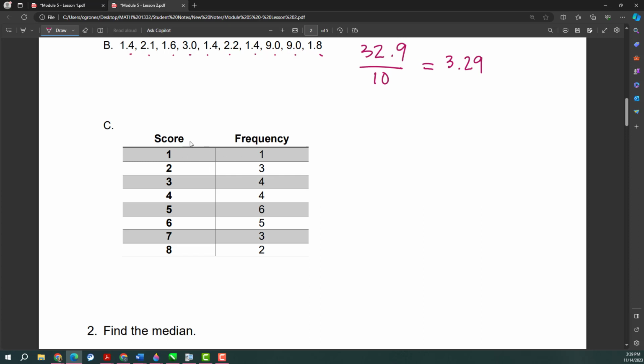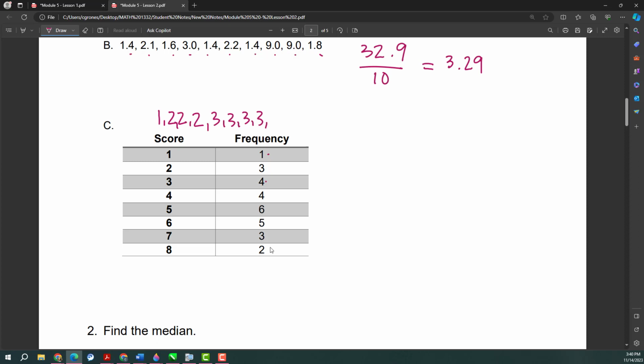So what this means is that we have the scores 1, 2, 3, 4, all the way to 8. We have one person who scored a 1. We have 3 people who scored a 2. And you can go all the way down. We have 4 people who scored a 3. So this would be the long way of doing it.